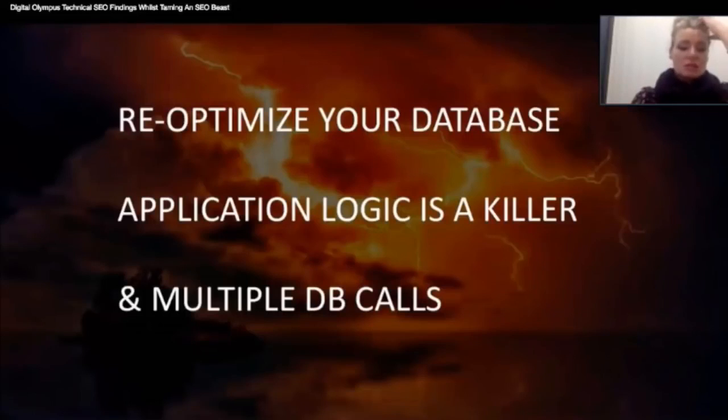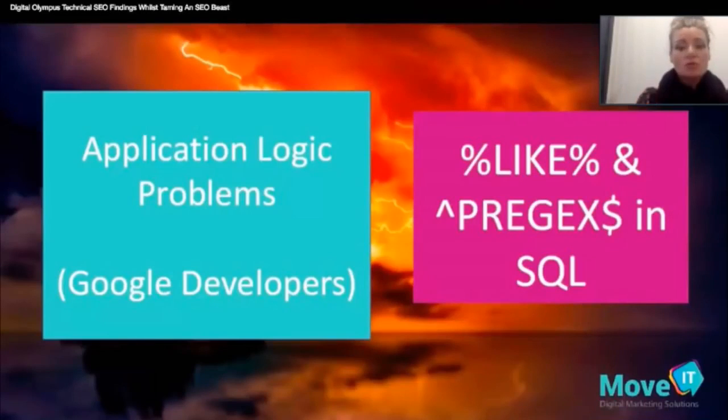So what we started to do then was look at ways in which we could re-optimize the database to make fewer calls, look at different ways to recode things so that it was more efficient, and look at things that might pull back loads of things you didn't really want, which may not even be related.